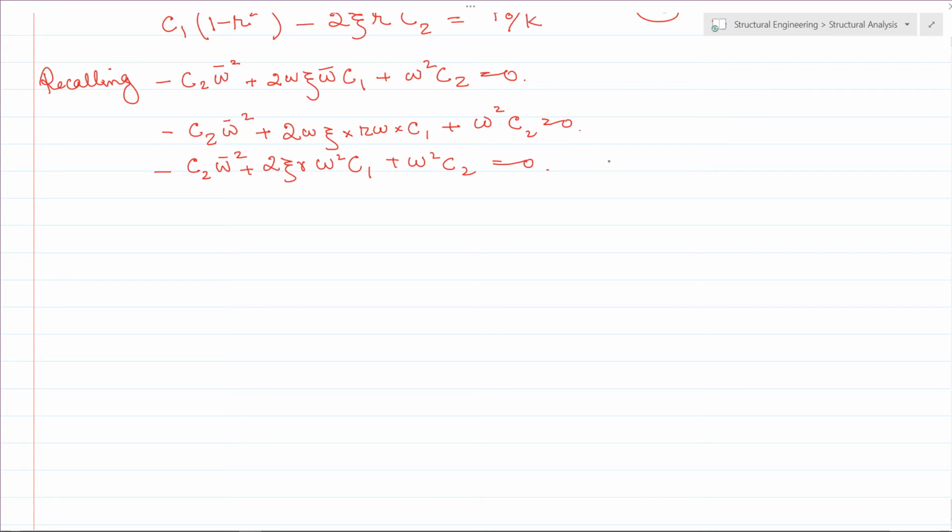Now we can divide this equation by omega square. What we will get is minus C2 into omega bar over omega, that is whole square, plus 2 times xc into R times C1 plus C2, and that will be equal to 0.